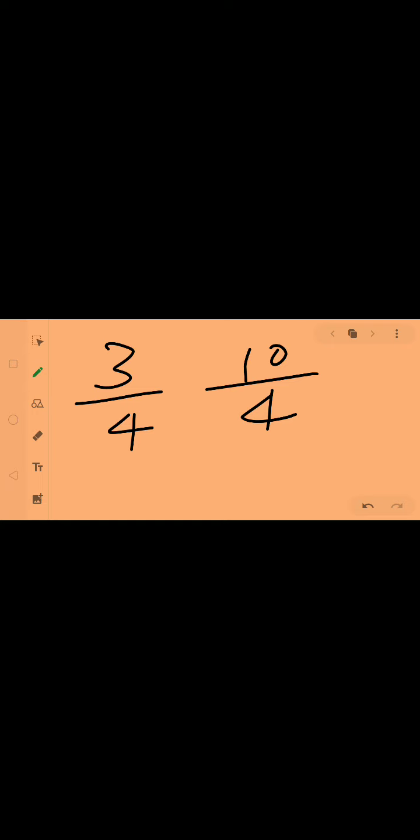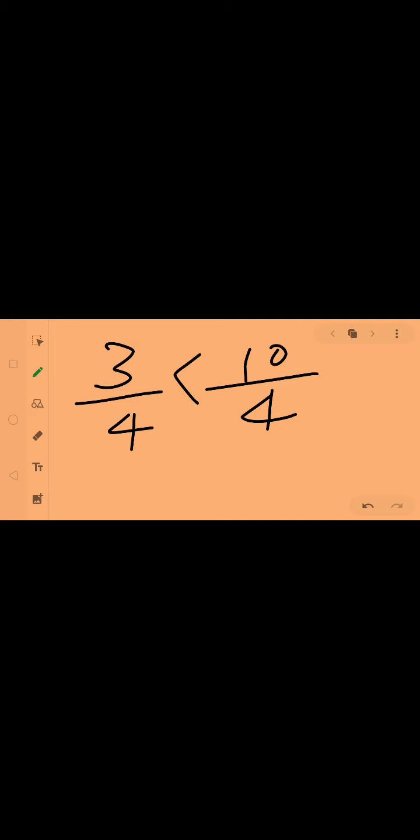So here, out of 3 by 4 and 10 by 4, the second fraction 10 by 4 has the greater numerator, therefore 10 by 4 is larger. To show that, we place the symbol. So we read it as 3 by 4 is less than 10 by 4.